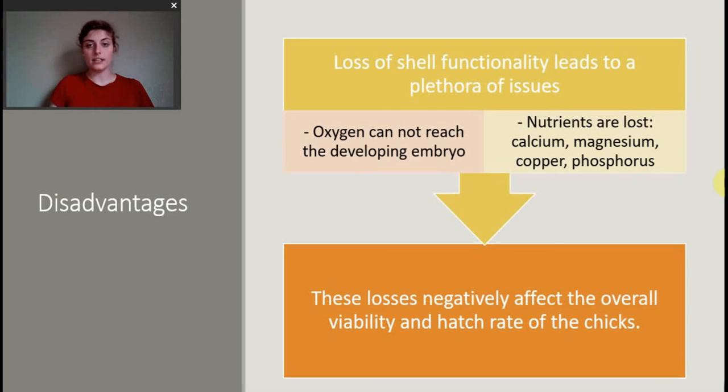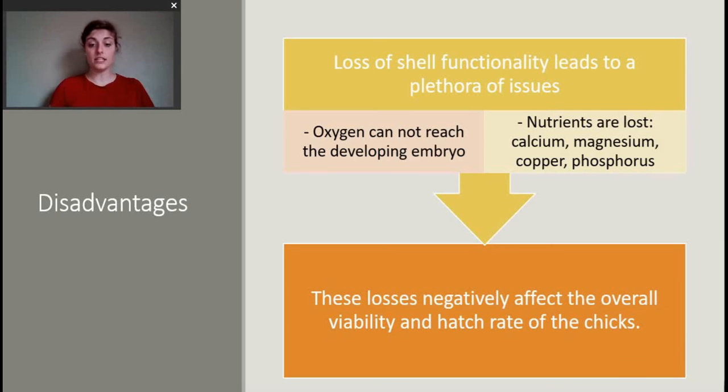But without that, oxygen can't reach the embryo. There are also nutrients lost from the eggshell itself, calcium being the key one, but also magnesium, copper, and phosphorus that are crucial in very fine, delicate processes of embryo development.